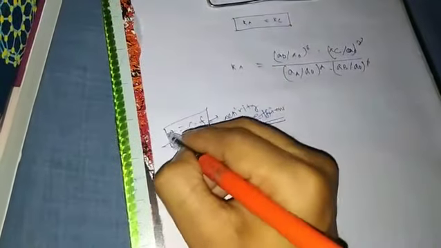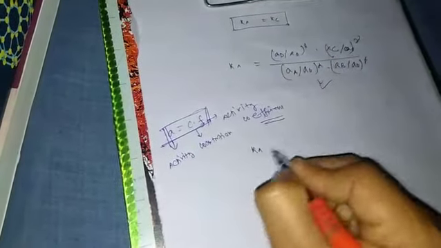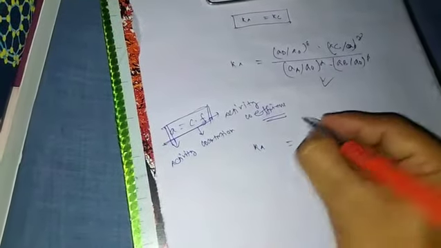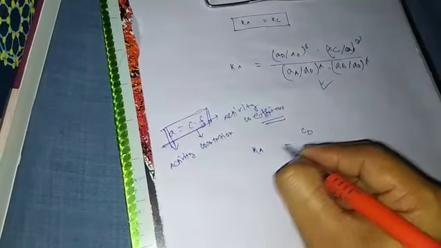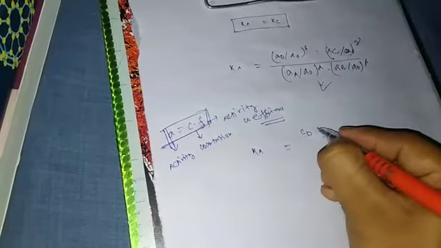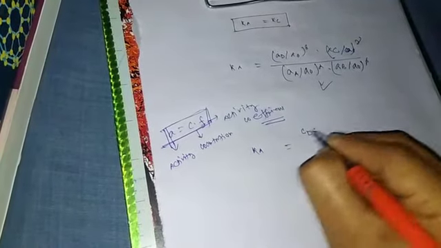Okay, so we use this formula in this equation. Now K equals Cd into what will it be?